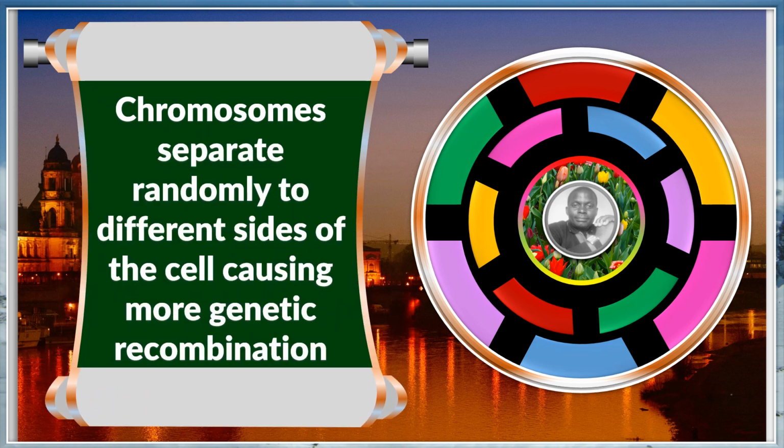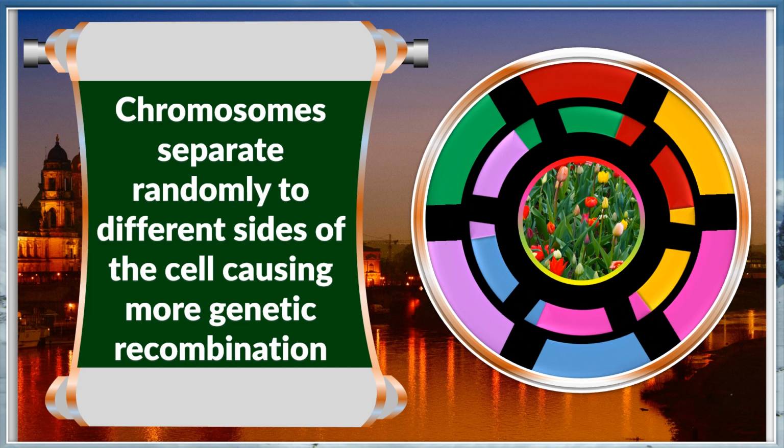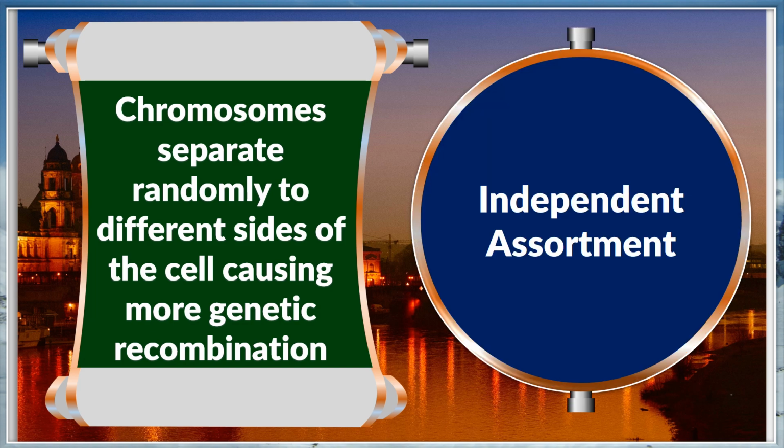Chromosomes separate randomly to different sides of the cell, causing more genetic recombination. Independent assortment.